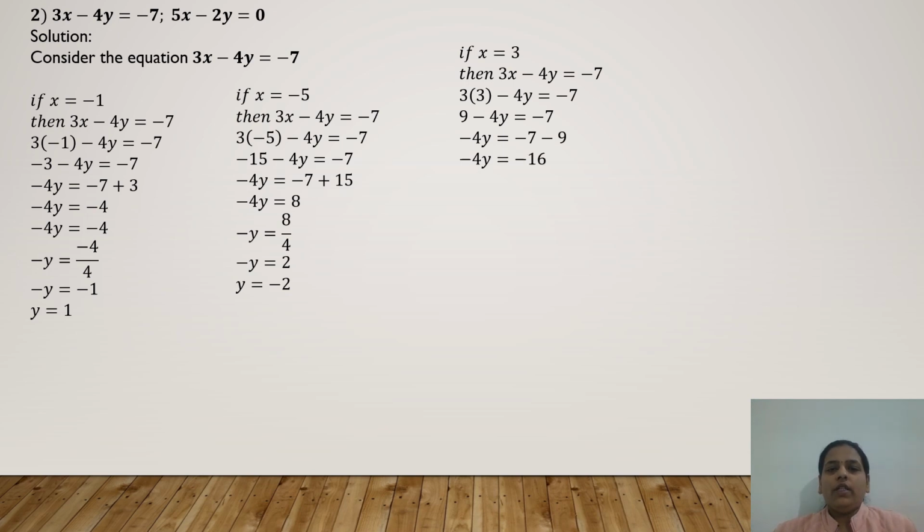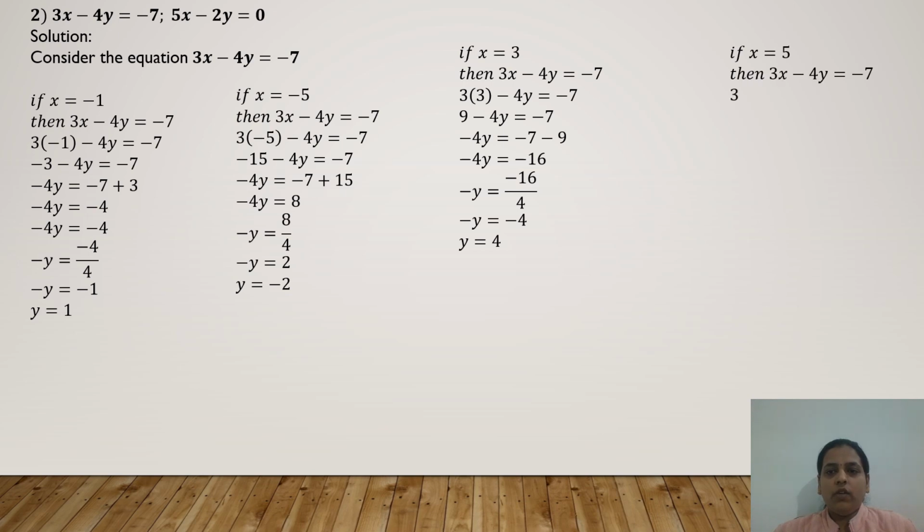Then minus 4y is equal to minus 16. y is equal to minus 16 upon minus 4. If we divide here, minus y is equal to minus 4. When both numbers are negative, the answer should be positive. That is y is equal to 4.